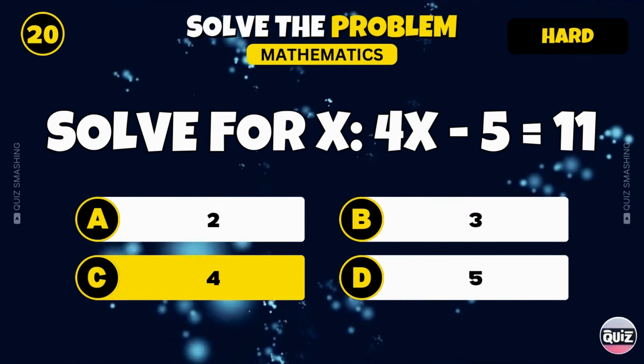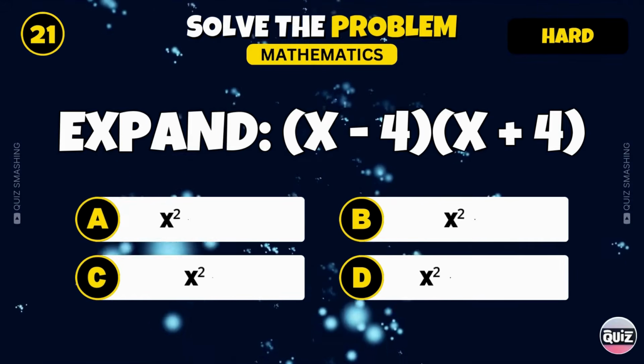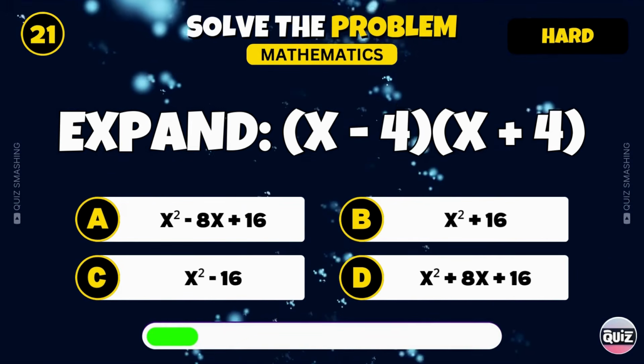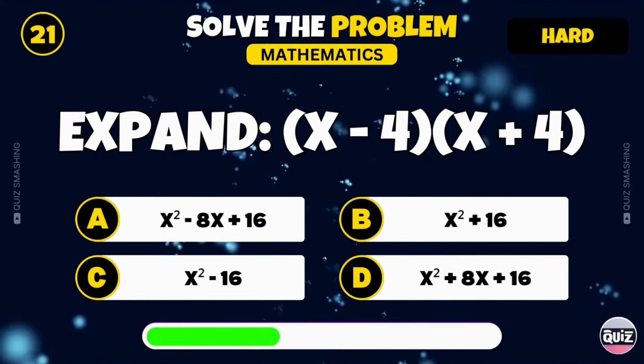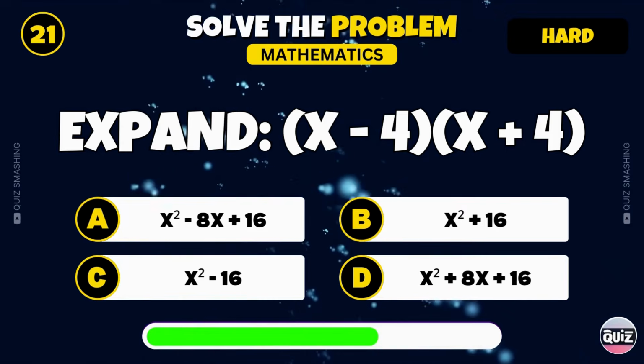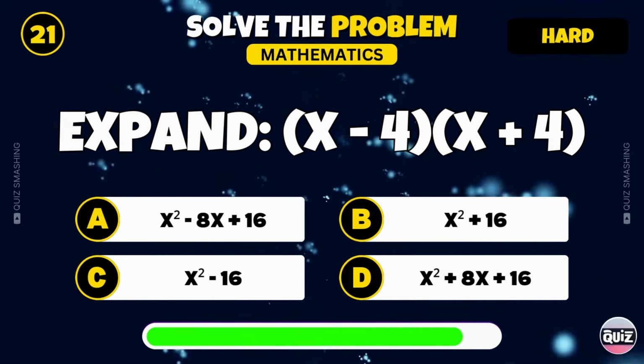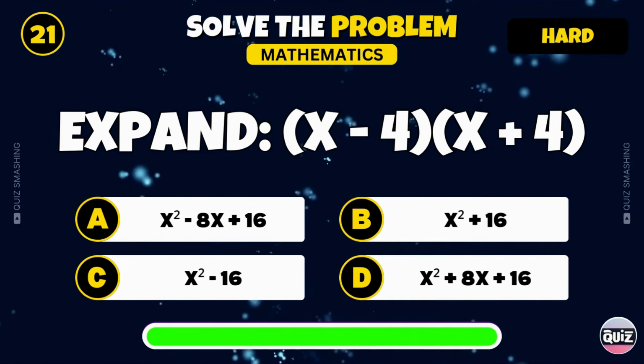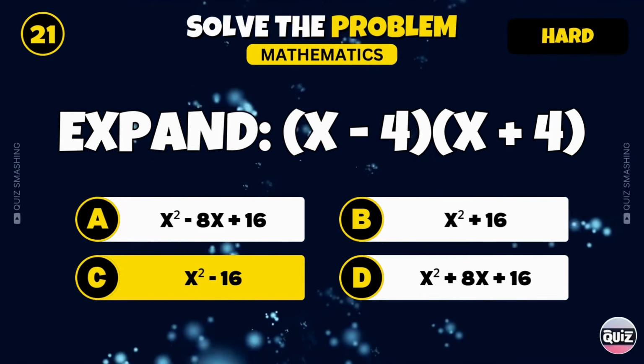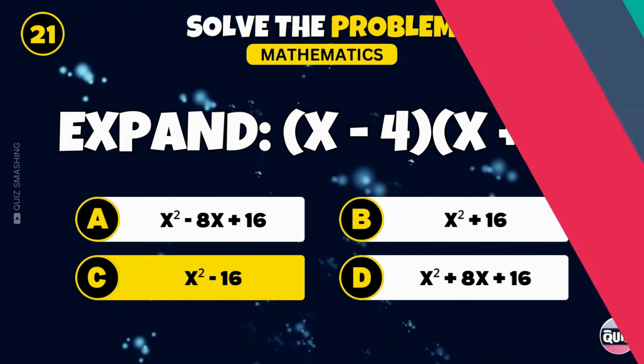Correct, x equals 4. Expand (x minus 4) times (x plus 4). Yes, that's x squared minus 16.